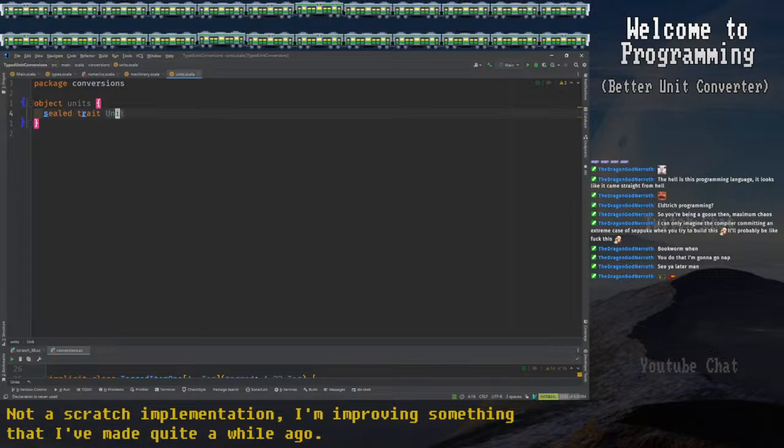So let's not do that, and just make a unit trait, and another, I guess, class, where we can say to the power of. Yeah, sure. We're gonna need our numbers, so let's import conversions.numerics. This is cursed. I apologize.